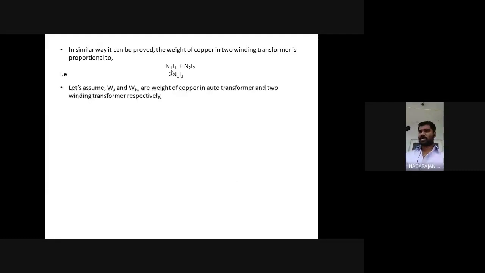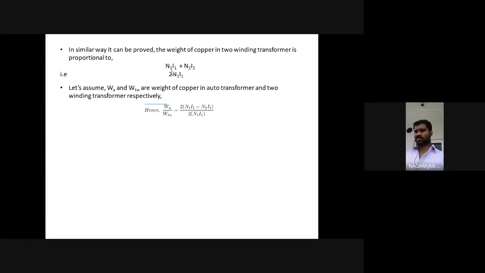Now we are going to compare the ratio between the auto transformer copper weight and the two winding transformer copper weight. That can be written as WA. The numerator is the auto transformer copper weight, and the denominator is the two winding transformer copper weight.